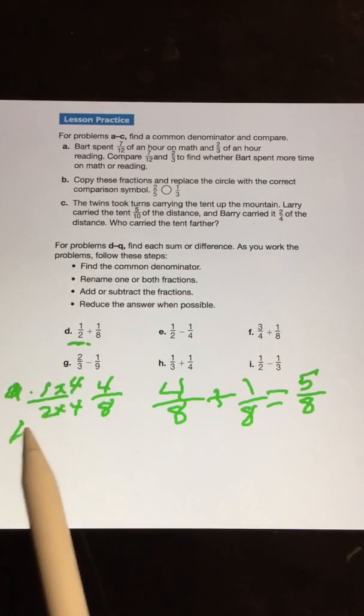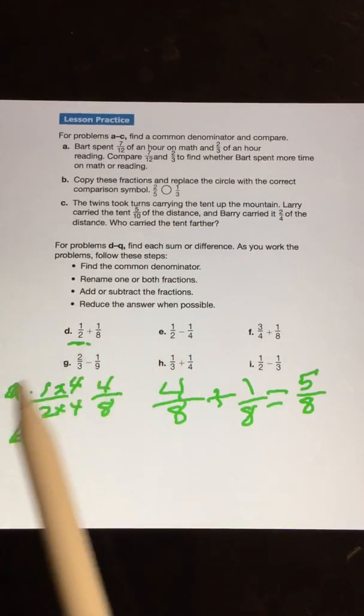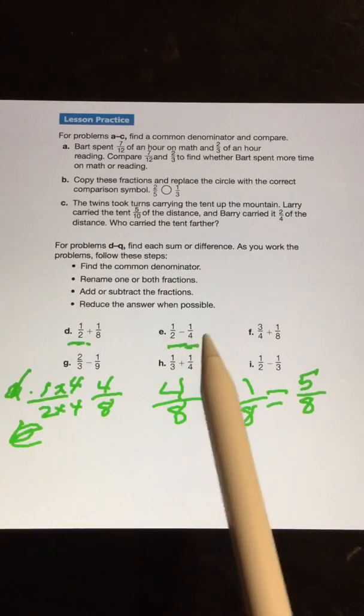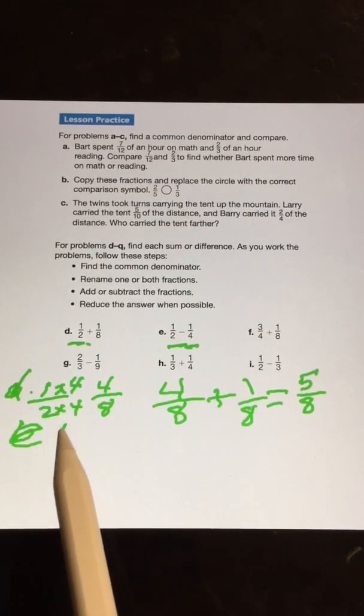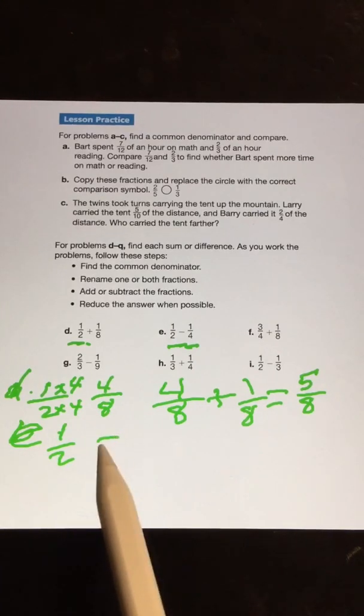Okay, B. I'm looking at these two numbers. Oh, this is D, and this is E. Okay, E, I'm looking at the 2 and the 4. Well, I know they both go into 4, correct? So I'm going to take my 1/2 and find the denominator of 4.